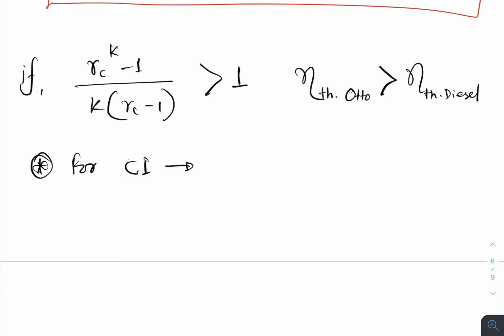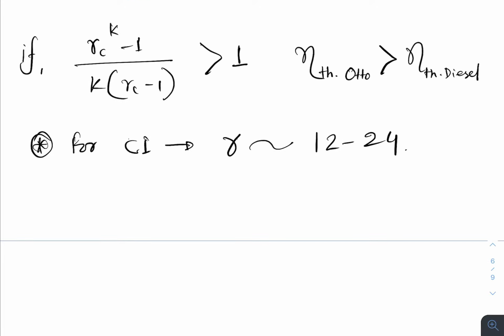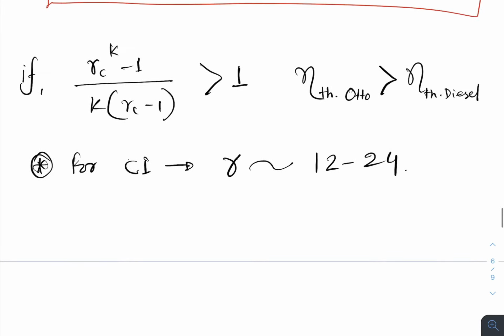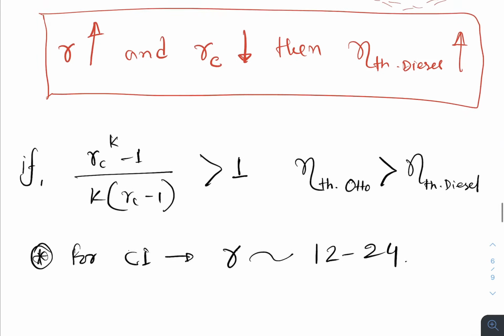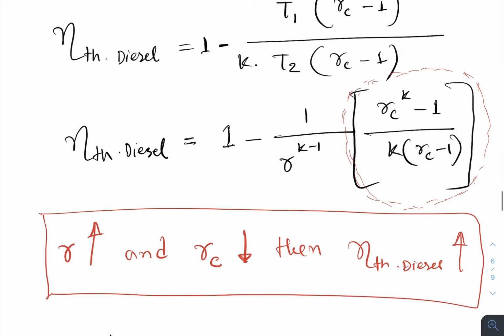For the diesel cycle, or CI engine, compression ignition engine, typically the compression ratio value is 12 to 24. So this is the expression of the efficiency of the diesel engine.